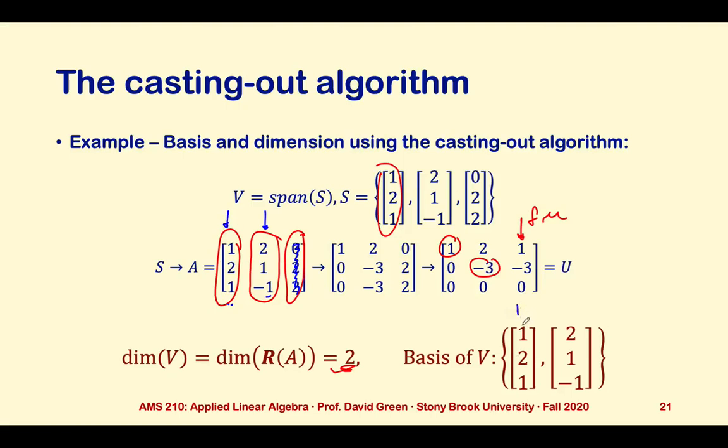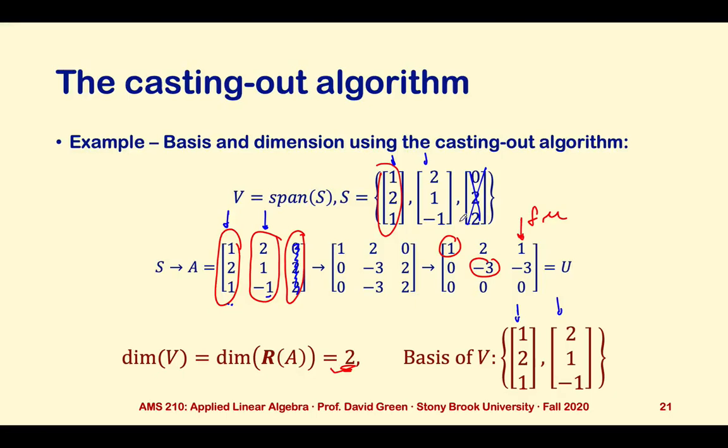These 2 vectors were part of the original set. What this casting out algorithm has done is identified which vectors from the original set we can get rid of, which vectors are linearly dependent, and we can eliminate them without changing the linear span.